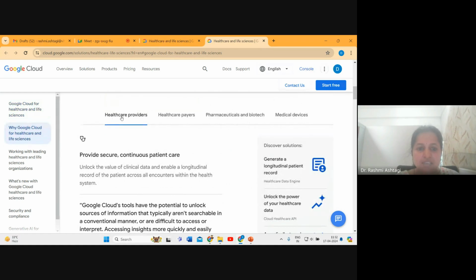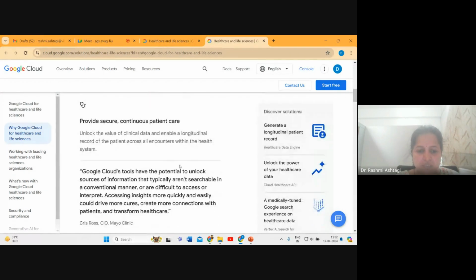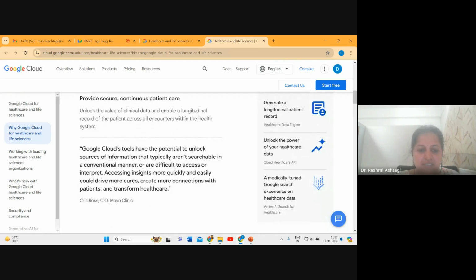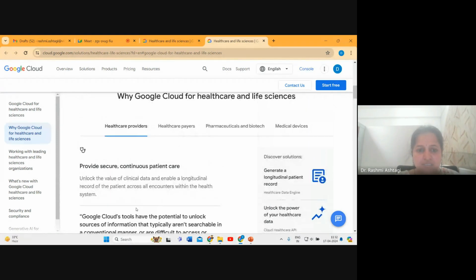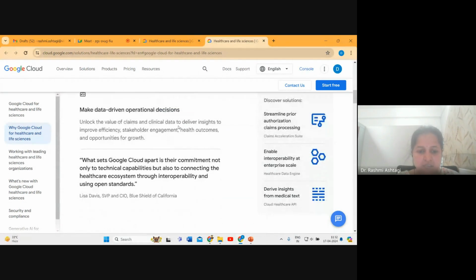Okay, so healthcare providers, what it will do, it will provide secure continuous patient care. You can see it is already being used; the Mayo Clinic is using it. Next you can see healthcare payers, say Blue Shield of California.